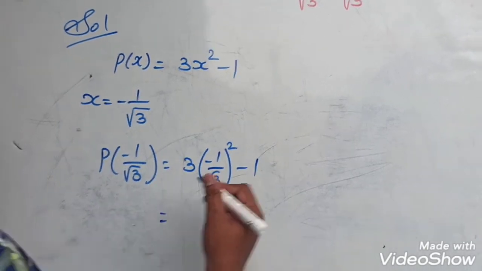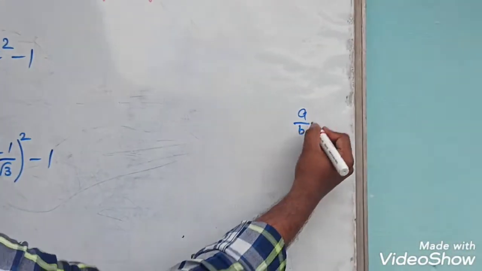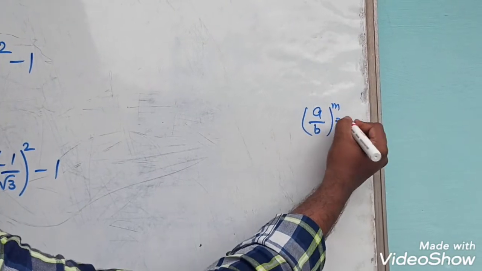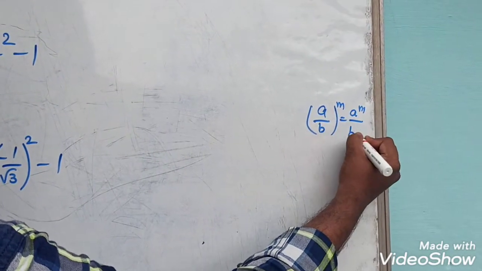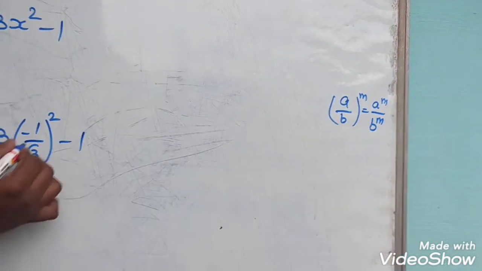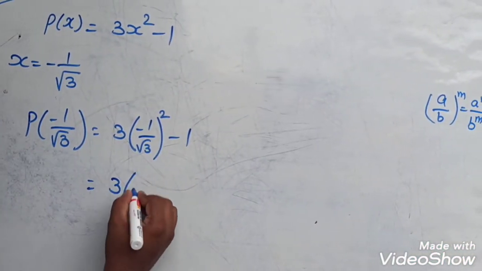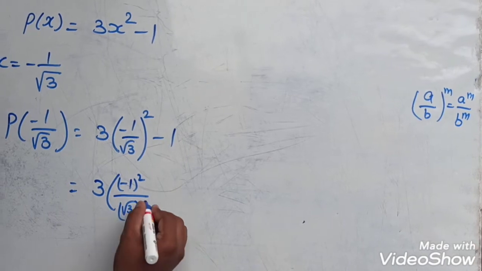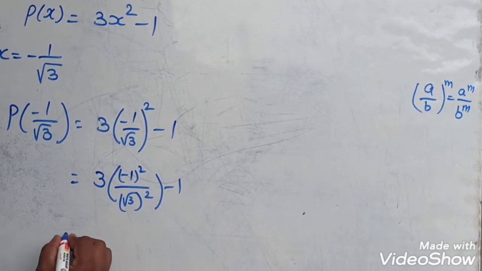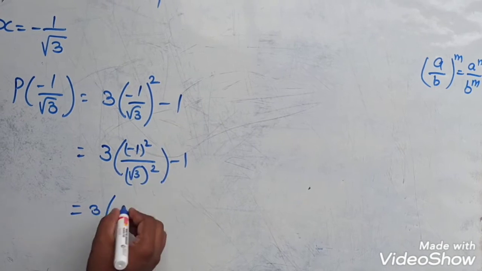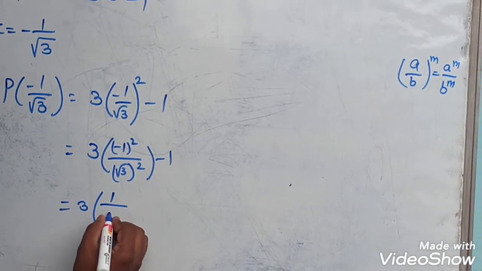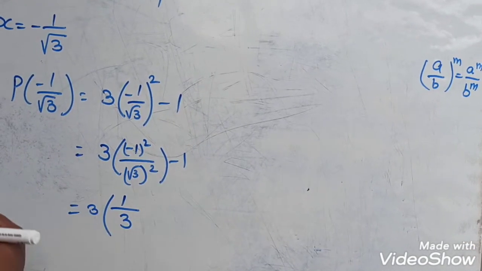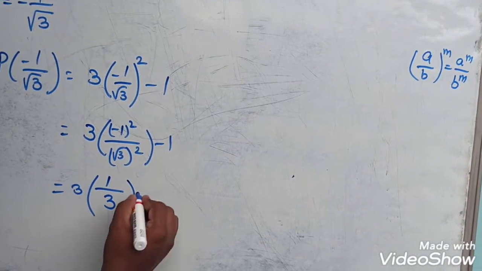You know that the exponent rule: a by b whole power m can be written as a power m divided by b power m. In the same way we write minus 1 the whole square divided by root 3 the whole square, minus 1. So 3 into 1 divided by 3, we get 3 minus 1.